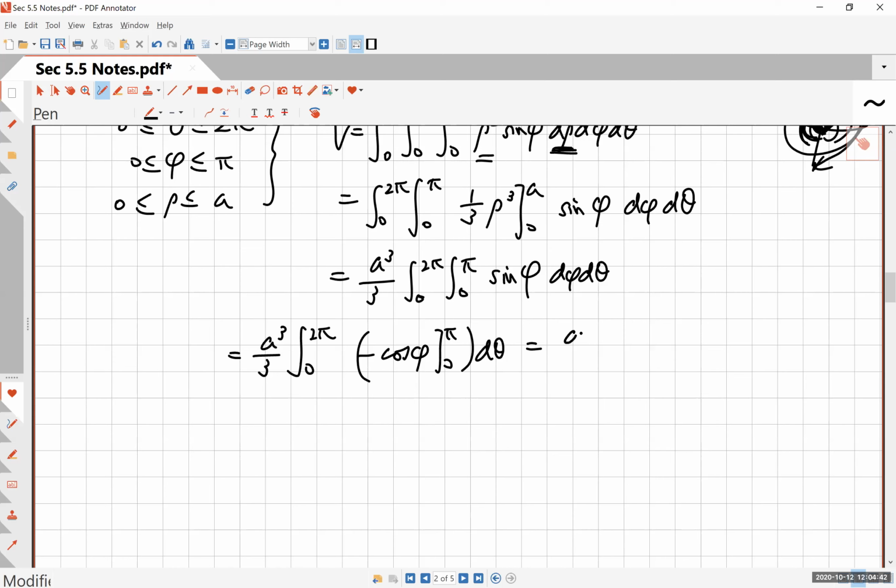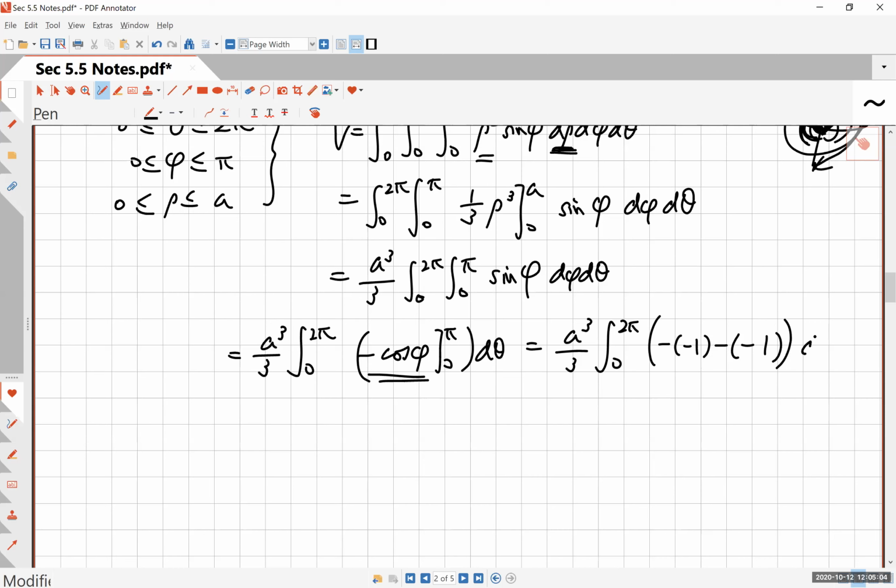All right, so let's be careful here because you have the negative sign, which you really don't want to have. But what's the cosine of pi? That's -1. So you have negative, -1, right? Minus, then you have negative cosine of 0, which is 1, right? So it turns out to be 1 plus 1 here.